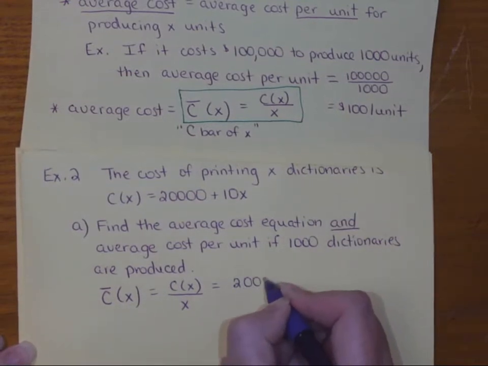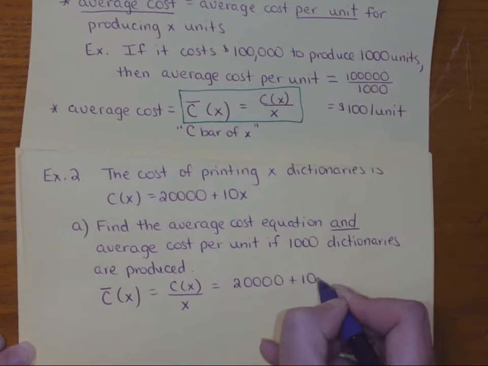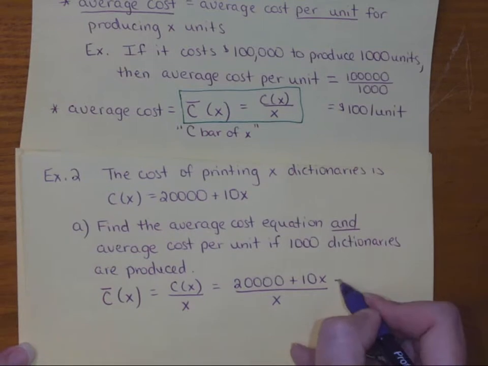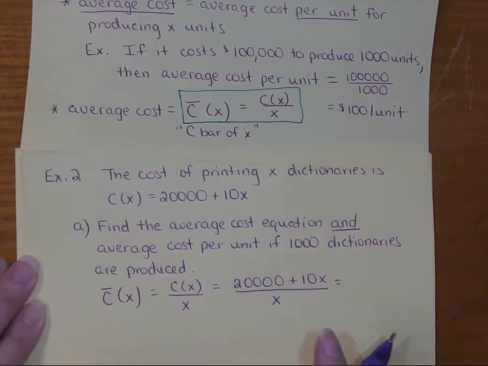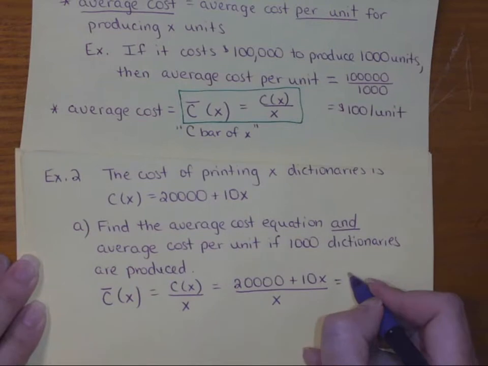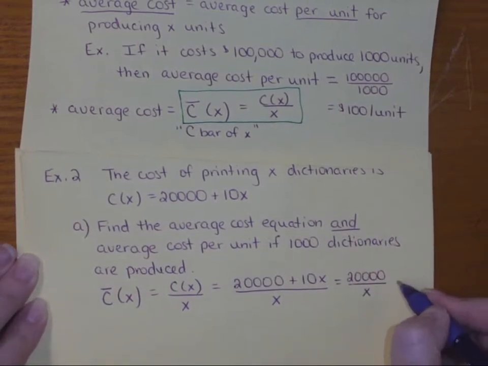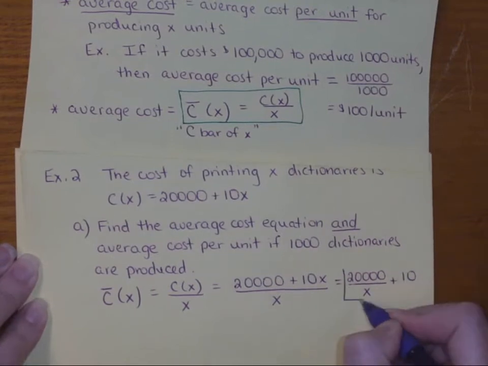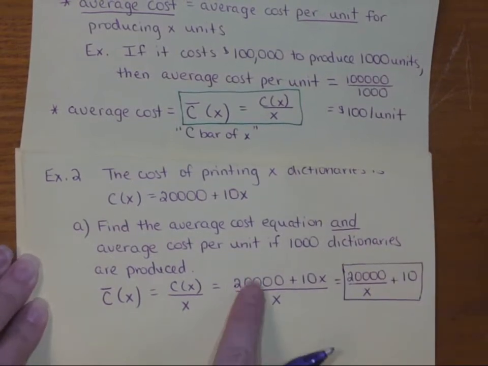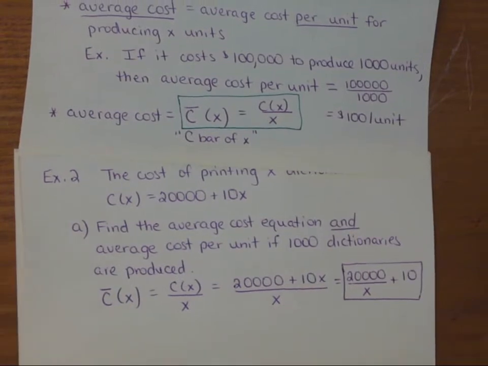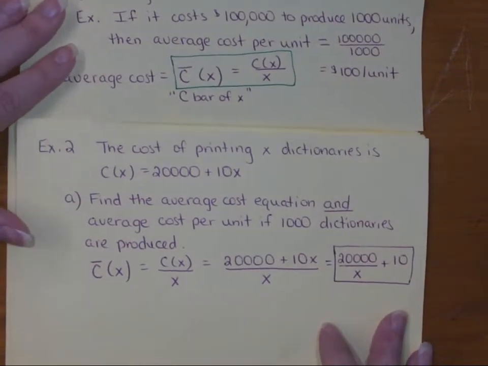So it's basically 20,000 plus 10X, over X. We take the cost equation we were given and put it over X. Another way we can write this, which will be useful later, is that when we have a single term in the denominator, we can pull it apart into two fractions. So this is the same as 20,000 divided by X plus 10. In other words, 20,000 over X plus 10X over X, but then the X's go away. So that's the average cost function.